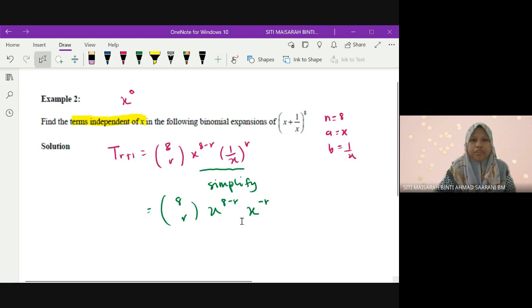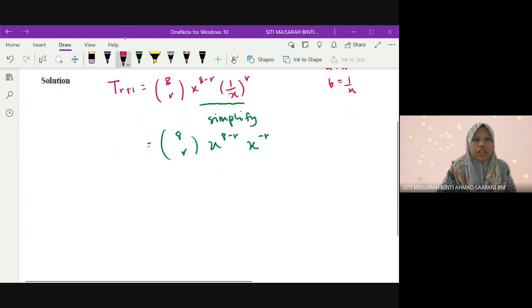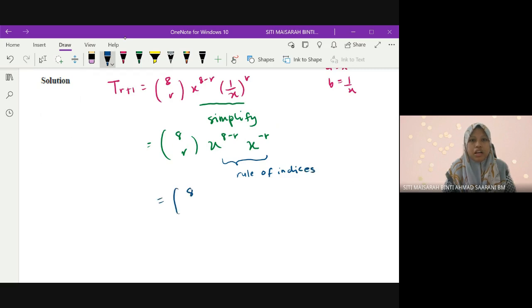So then we can simplify this x power 8 minus r multiply x power negative r by using rule of indices. So then this is 8Cr x power 8 minus 2r. Kalau dia darab, dia punya kuasa kita tambah. So then, so now kita dah dapat T r plus 1 in the simplified form. So 8Cr multiply x power 8 minus r.